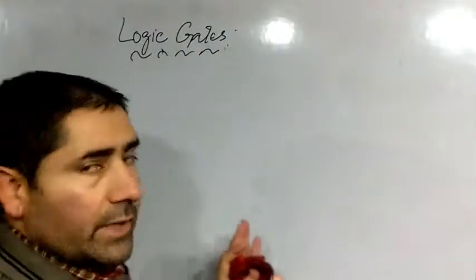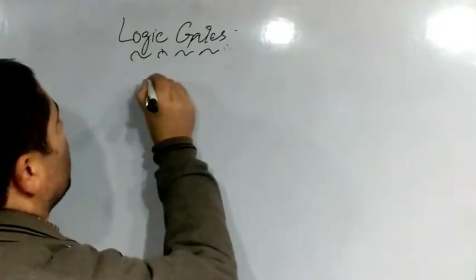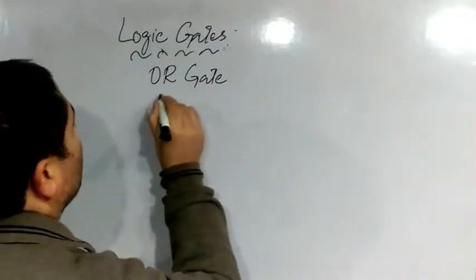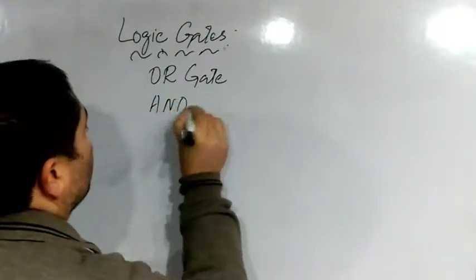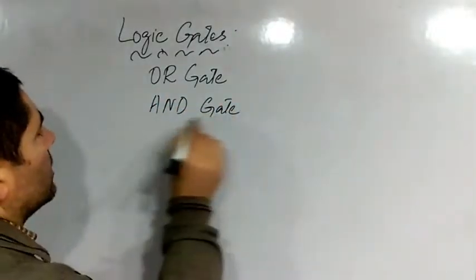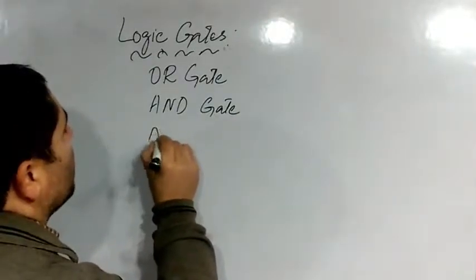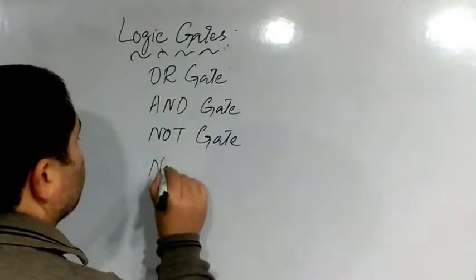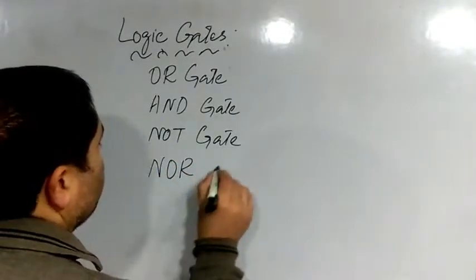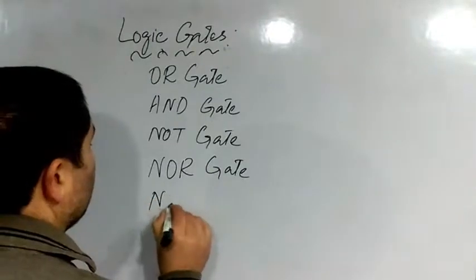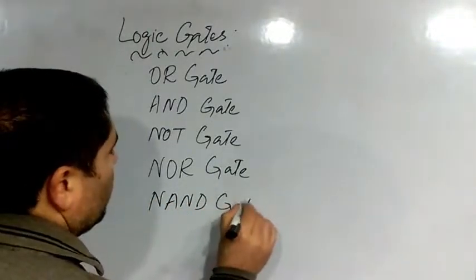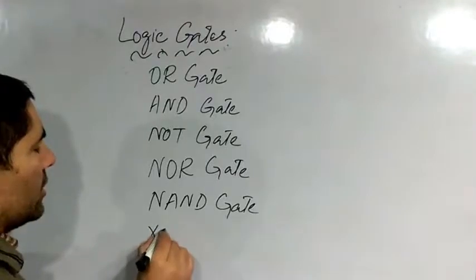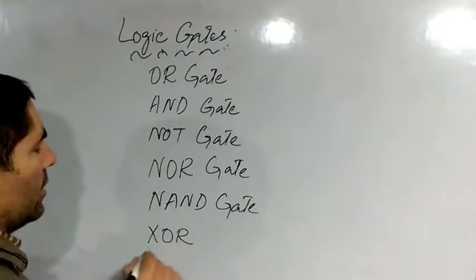We have different kinds of logic gates. We have OR gate, we have AND gate, we have NOT gate, another gate is NOR gate, another one is NAND gate, and we have other gates like exclusive OR.